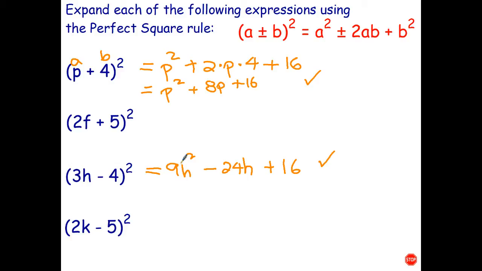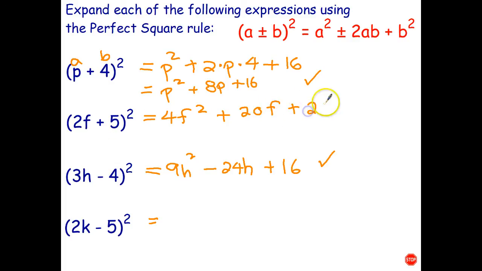Okay, let's see how you went on this, students. So I'm going to do this one the short way and that one the short way. So I've got the form a plus b all squared, so I know that I can apply this pattern to it up here. So that equals a squared, so 2f all squared is 4f squared, because that's a plus, that's a plus. Now I need 2 times a times b. Well, 2 times 5 is 10, times 2 is 20, so that's plus 20f, plus b squared.